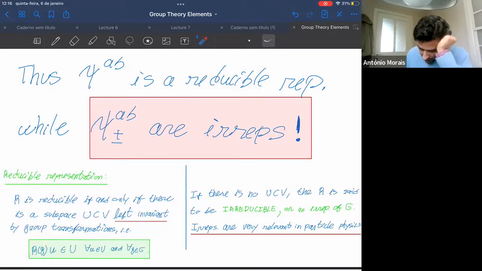So you have R(g) applied to u belonging to U, for any group element g belonging to the group G. But if there is no such U containing V, then this R is said to be irreducible, and you define it as an irrep of G. And these are really the relevant representations in particle physics.